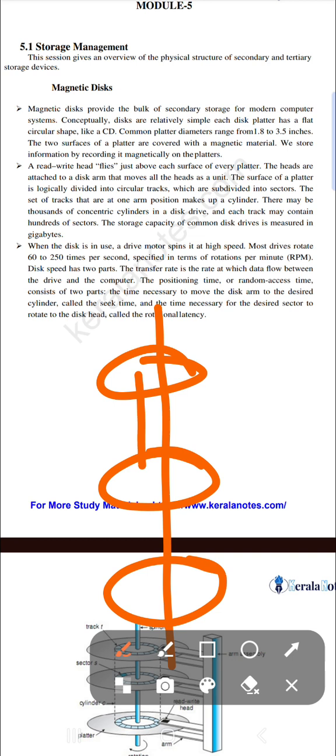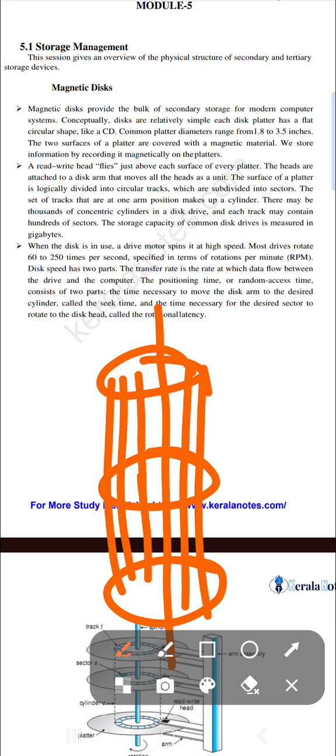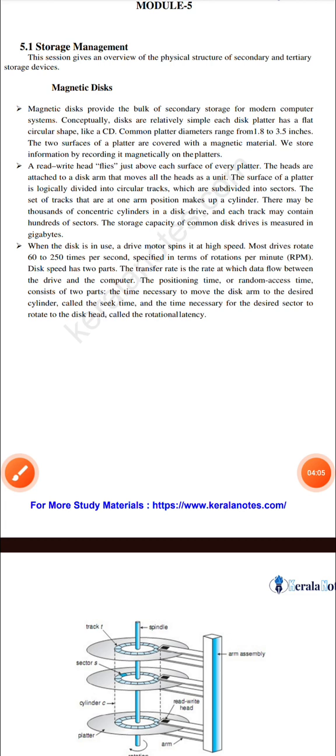For each track we will draw a cylinder, so likewise thousands of cylinders will be available. There may be thousands of concentric cylinders in the disk drive, and each track may contain hundreds of sectors.